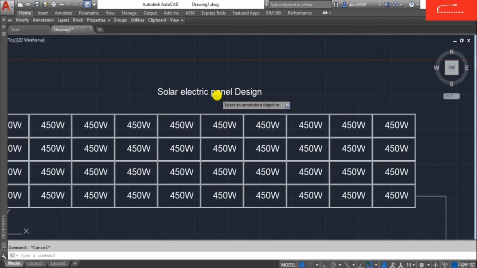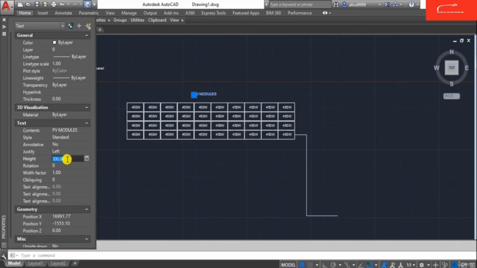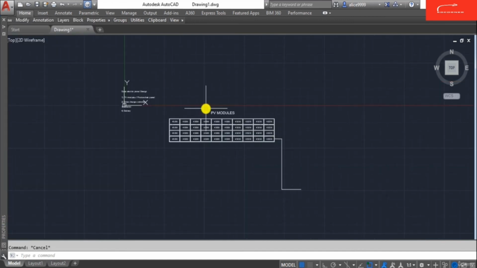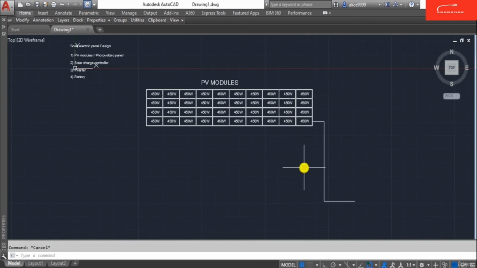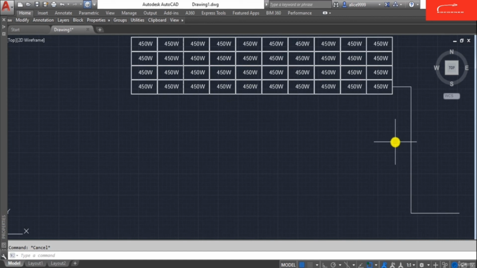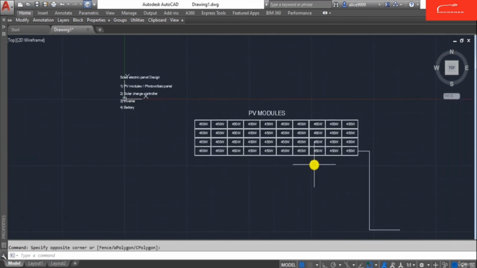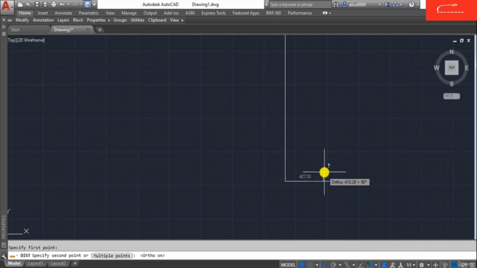This is the PV modules. I have arranged this PV module as per requirement. From the PV modules, the cables go to the solar charge controller. So I will draw here the solar charge controller cable. One is the supply and one is the return.